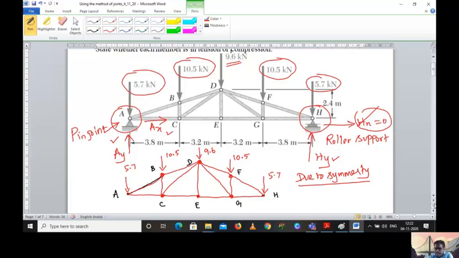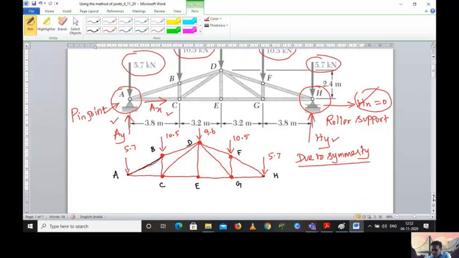How to calculate? The total load acting on the entire system, divided by the two reactions, AY and HY, gives the value. That is, AY, the vertical reaction at point A due to the pin joint, plus the vertical reaction at point H due to the roller support, is equal to the total load acting on the system.